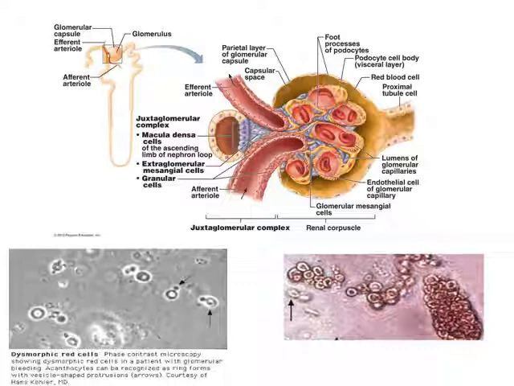So we will find a round spherical cast composed of red blood cells. So we will have red blood cell casts and dysmorphic RBCs. This is very important. It's not a simple hematuria, but dysmorphic RBCs and granular red blood cell casts.